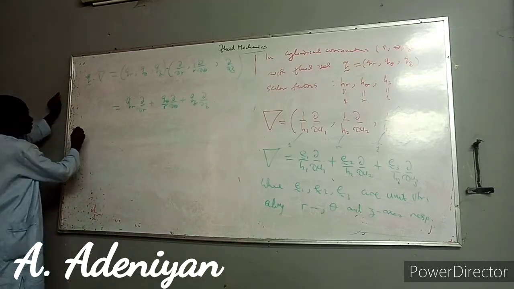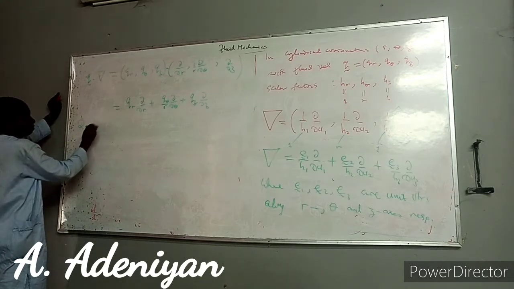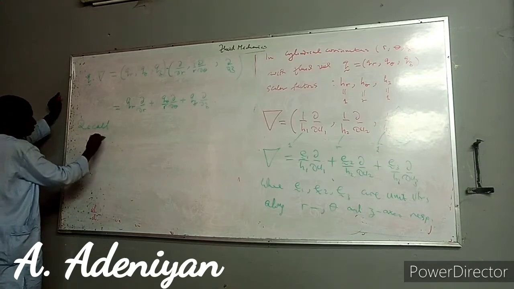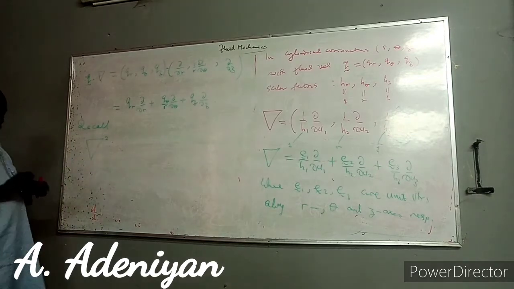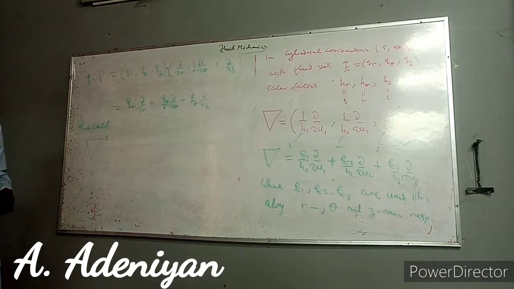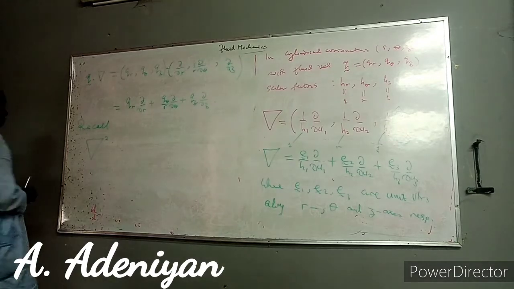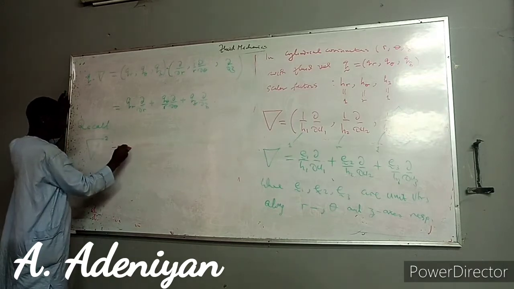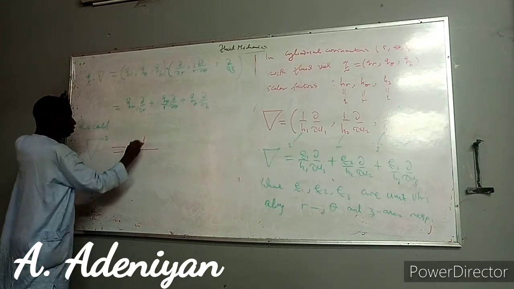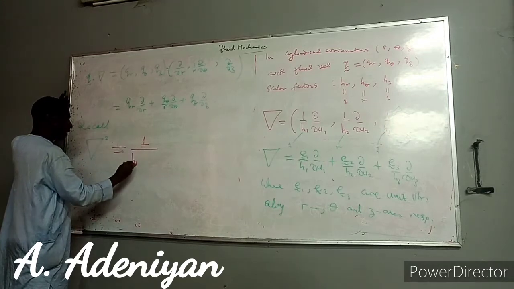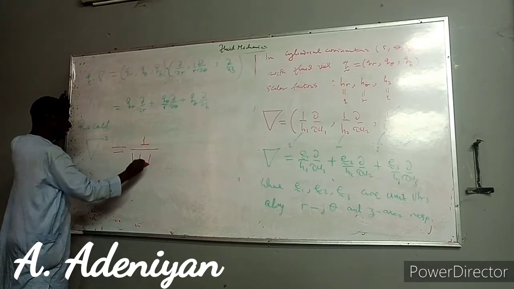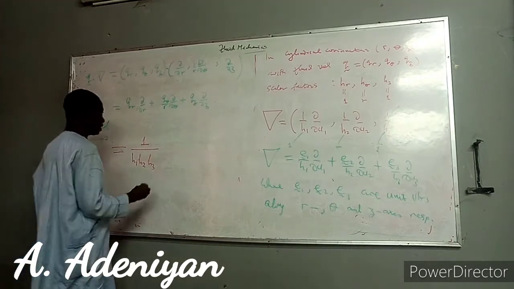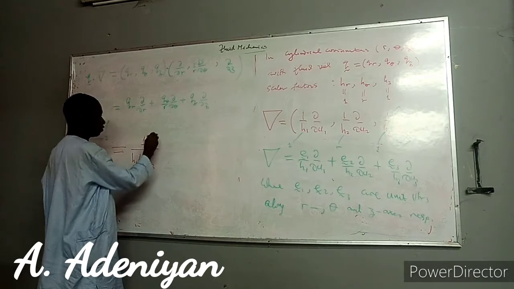The del squared operator, if you remember very well, is 1 upon h1 h2 h3. Remember your linear coordinate system.